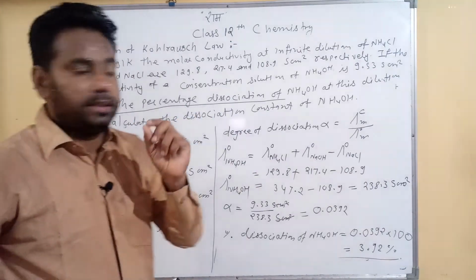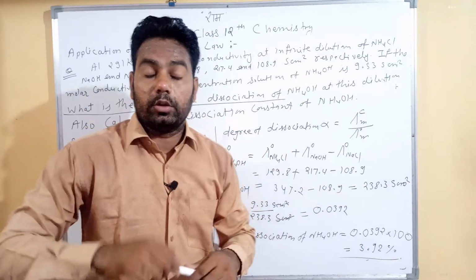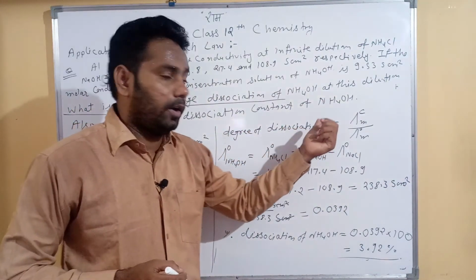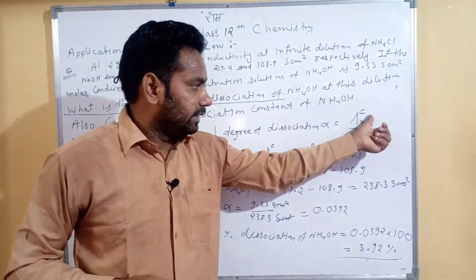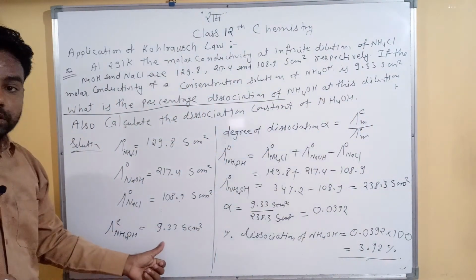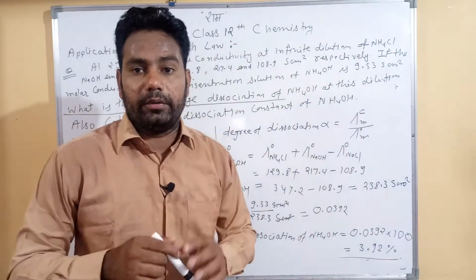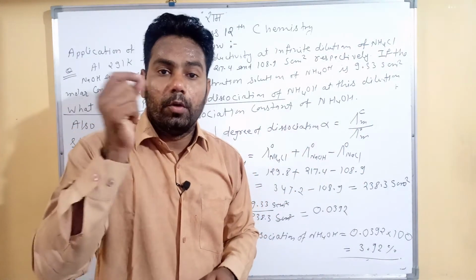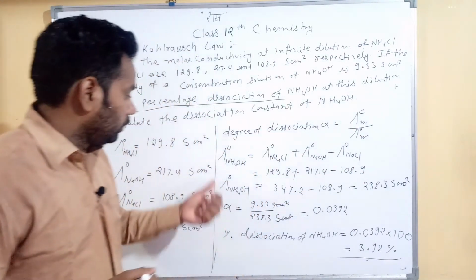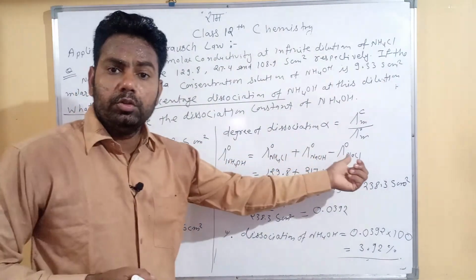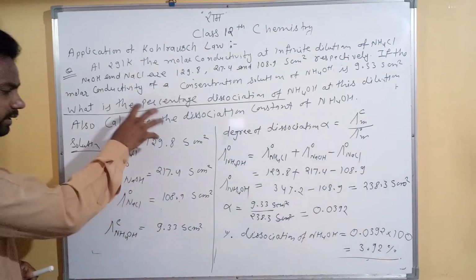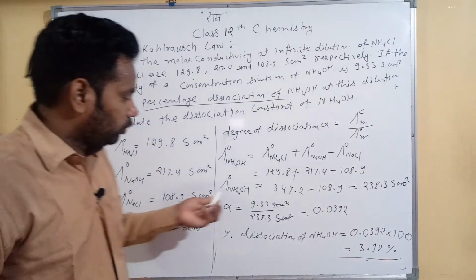So I know the degree of dissociation alpha, and I put here the formula of alpha. I see this value is given by the question, but this value is not given, but I know how to calculate it according to the first application of Kohlrausch's law.